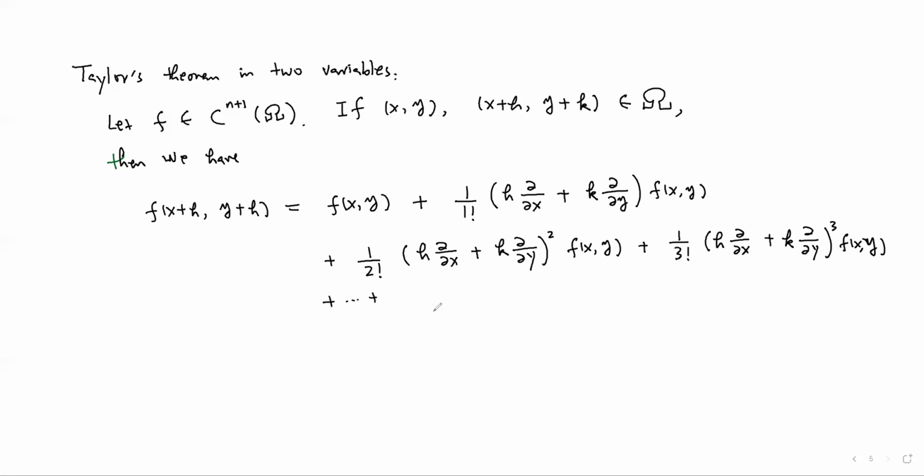The n plus 1 term is 1 over n factorial (h partial x plus k partial y) to the n of f at x, y. Then plus error term. The error depends on n, depends on x, depends on y, also depends on h and k.